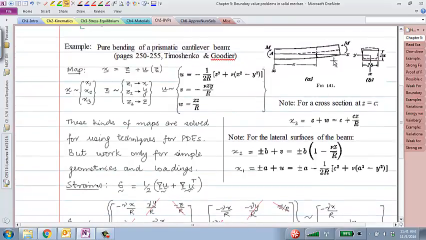Okay? No matter where you are in the beam, it gives me a strain field as a function of x, which makes sense because it's a cantilever beam under constant moment. So at each point, the moment is the same, which means that the strain would just be varying linearly through the cross section, right? Through the depth of the cross section. At every point, it would be the exact same moment.